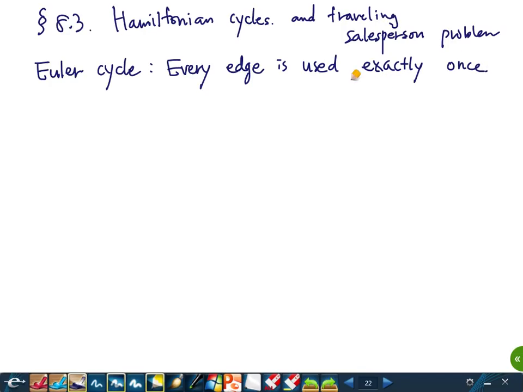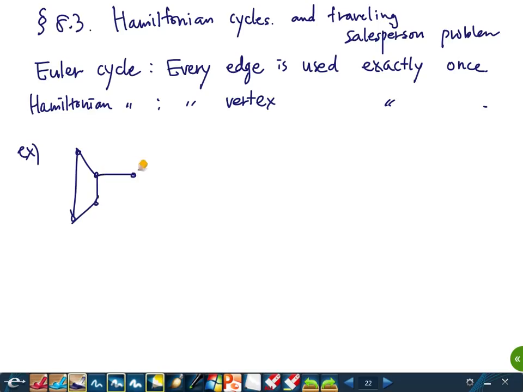That's Euler cycle. And Hamiltonian cycle is a cycle that uses every vertex now. Every vertex is used exactly once. So for instance, if our graph looks like this, then a Hamiltonian cycle is like this.